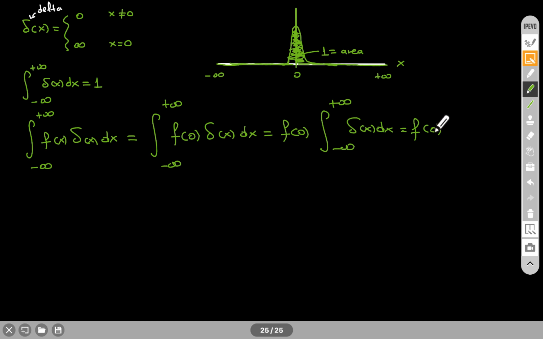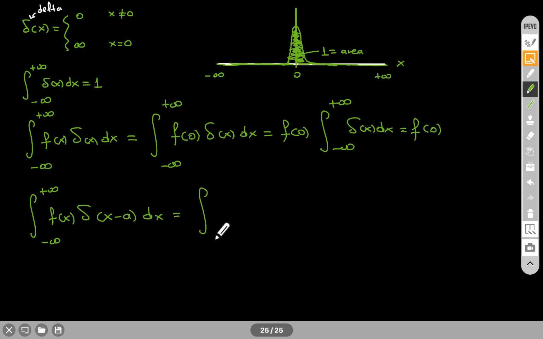I can show you how you can change that. If we have the delta of x minus a, remember, the delta function takes the value of infinity when this argument is 0, or in this case when x becomes a.